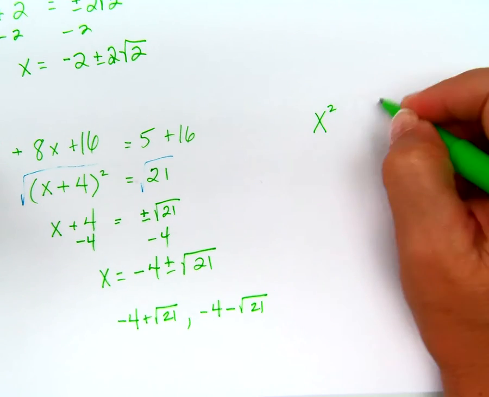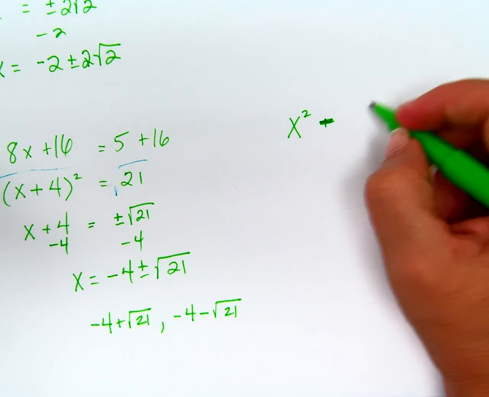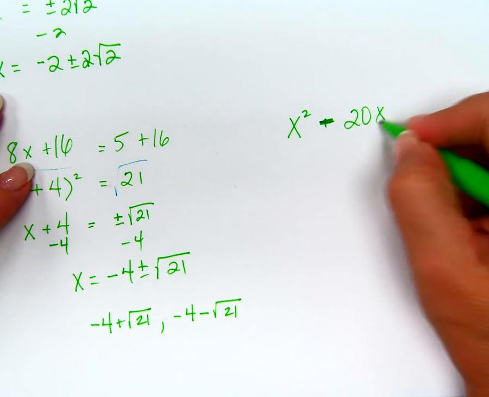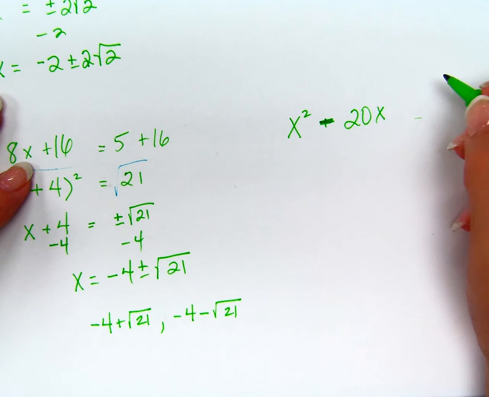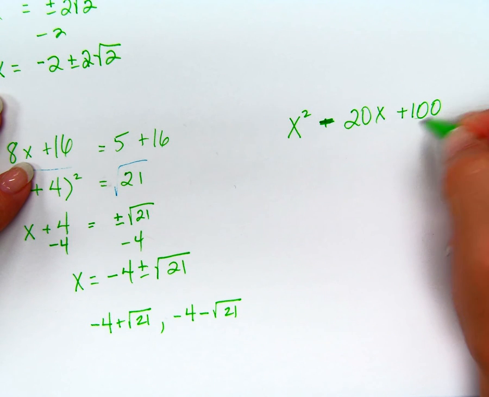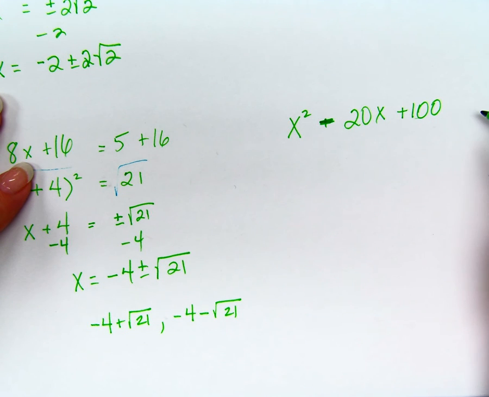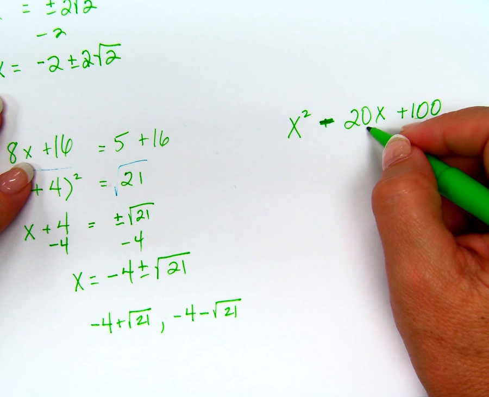What if it's x² minus 20x? What's going to go here? Divide by 2 and square it. 100, right? Wait, plus 100 or minus 100? -20 divided by 2 is what? -10.